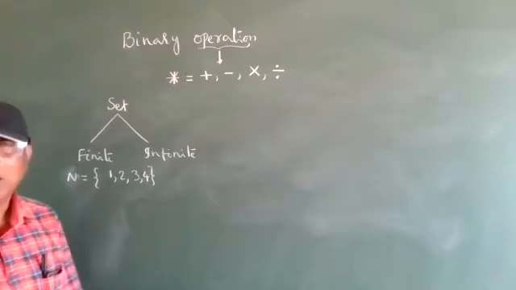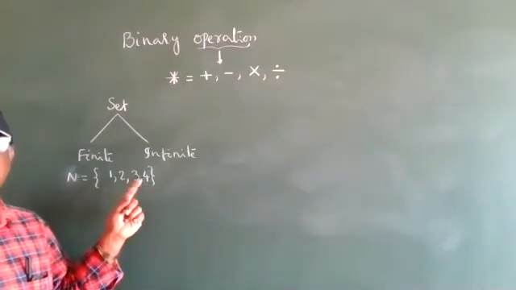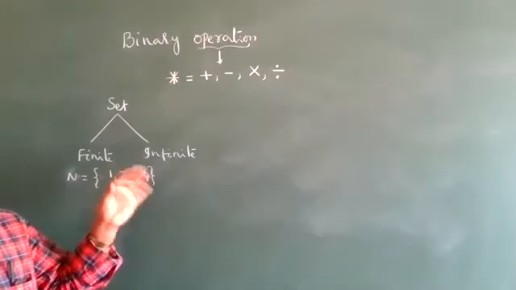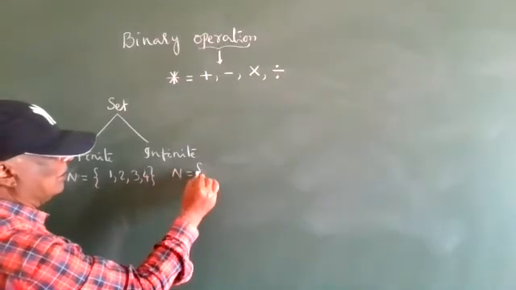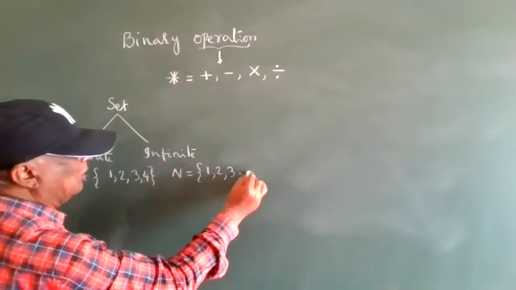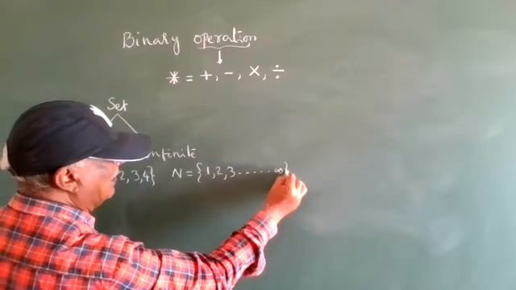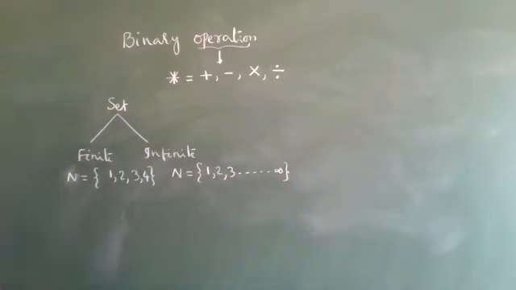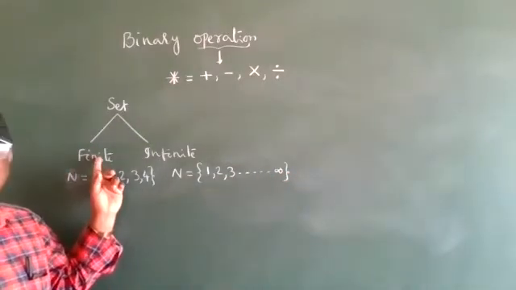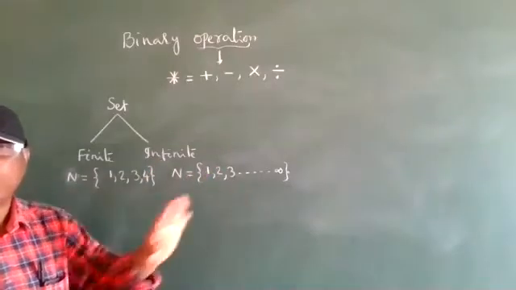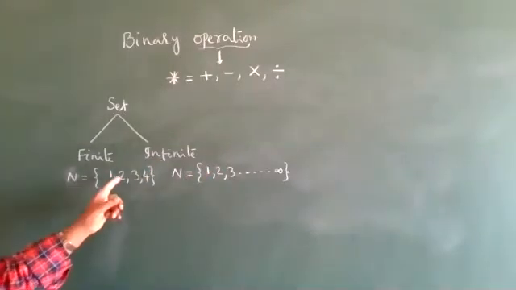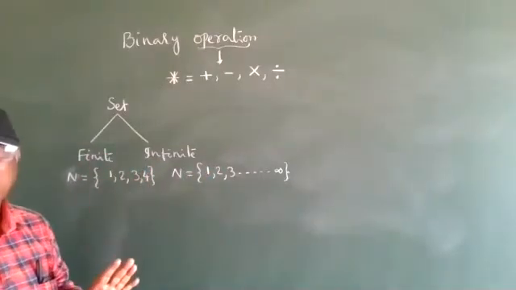Last number we have, that is called a finite set. No last number, that is 1, 2, 3 up to infinity, this is called an infinite set. Infinite set means no last number, and finite set means we have the last number.